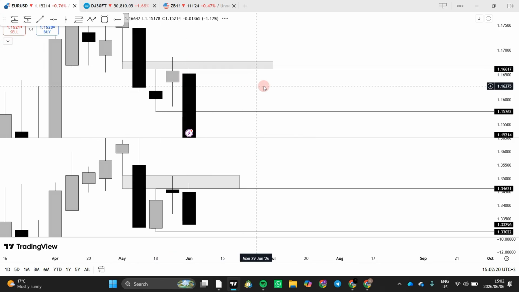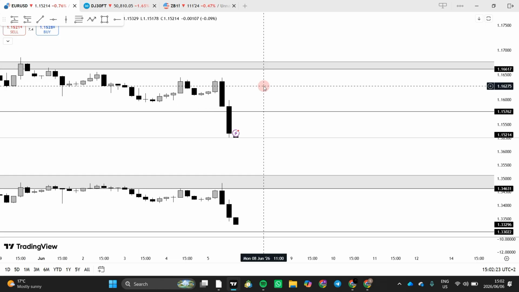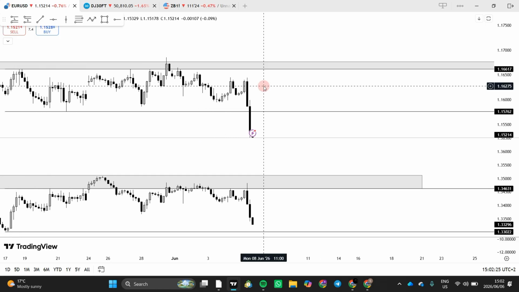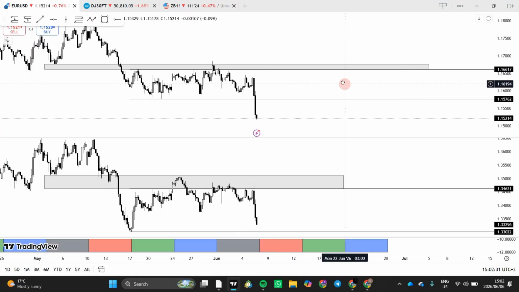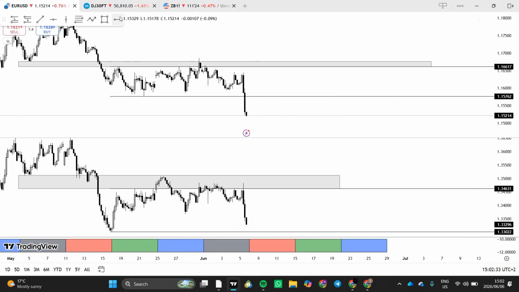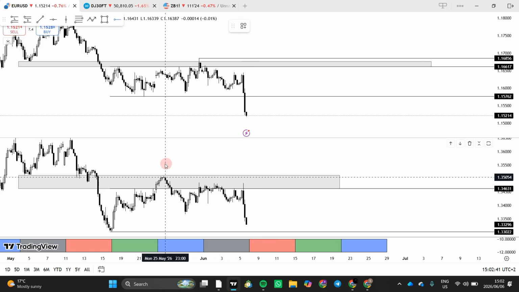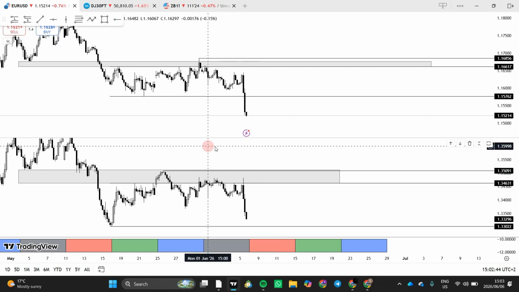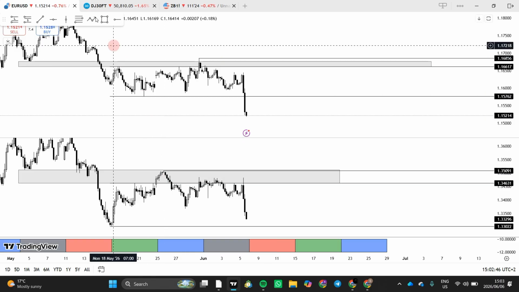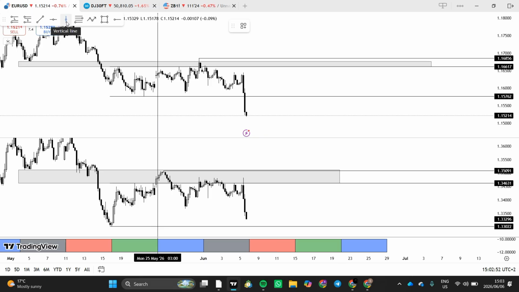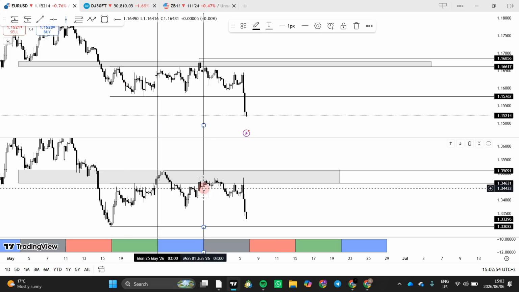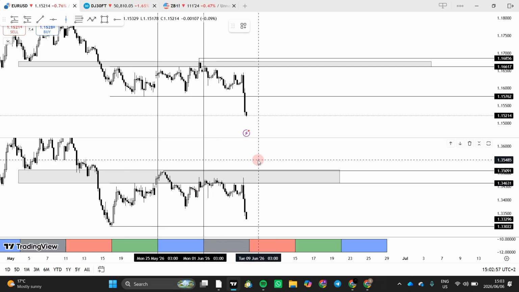Now going down to my 4-hour time frame, I think I showed this in the previous video when I did the trade breakdown on the index. Okay, we had intermarket sequential SMT right over here between Q4 and Q1.